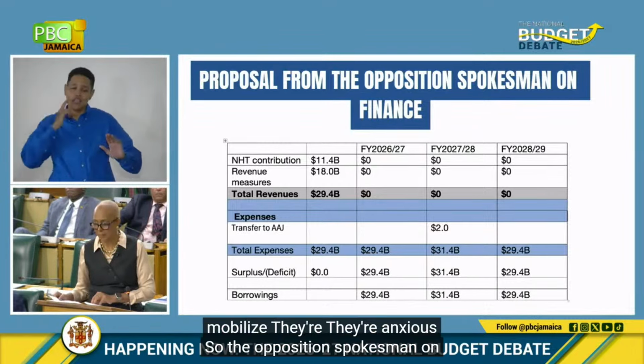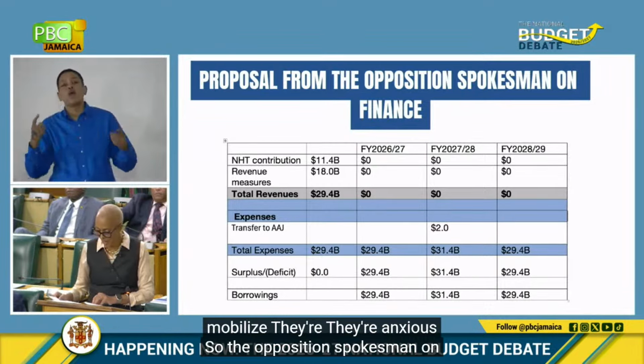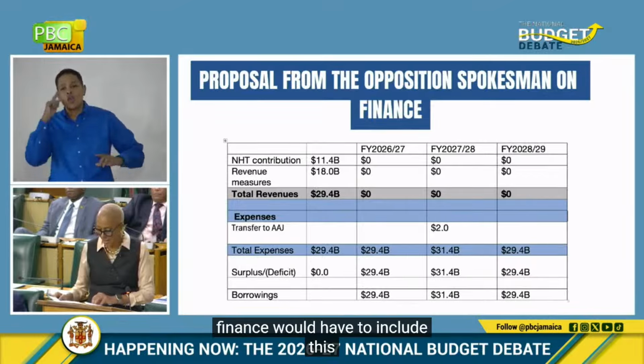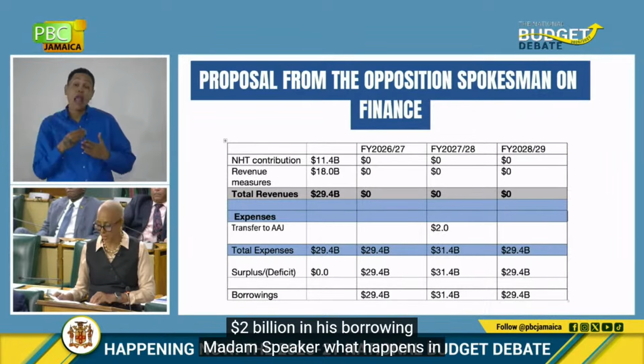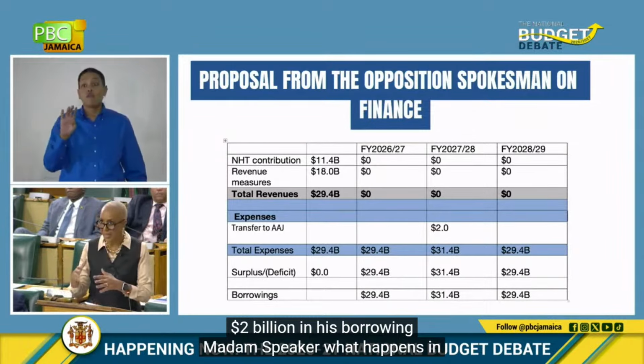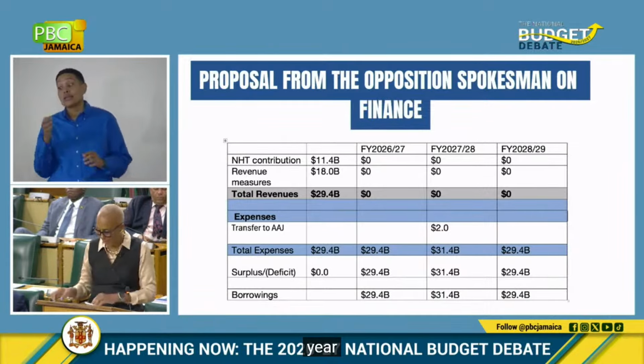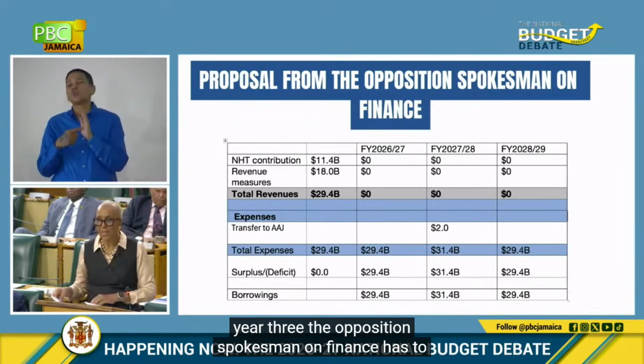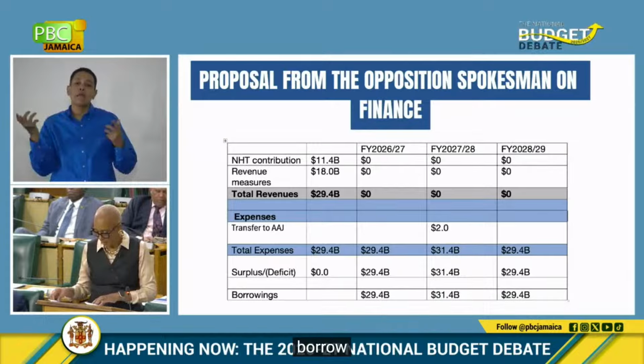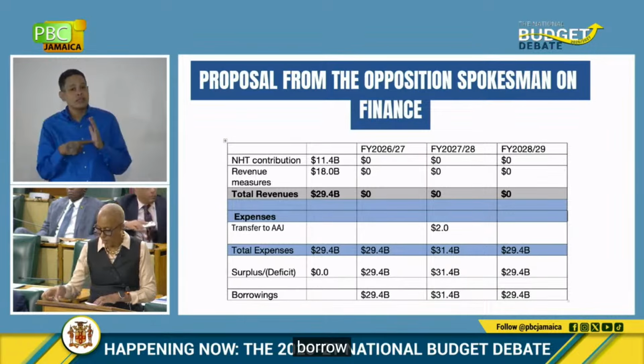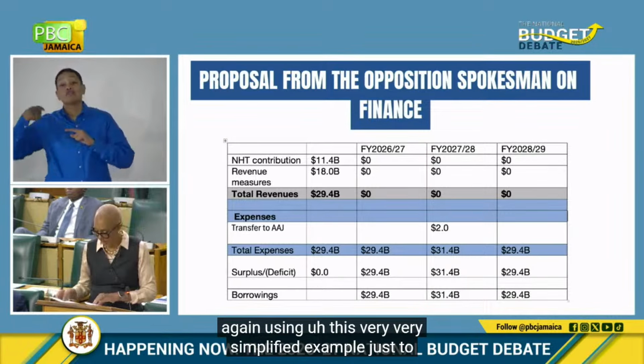Madam Speaker, what happens in year 3? The opposition spokesman on finance has to borrow again, using this very simplified example just to show you the impact of using debt to replace recurrent revenues.